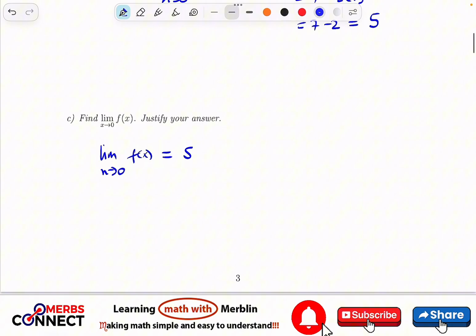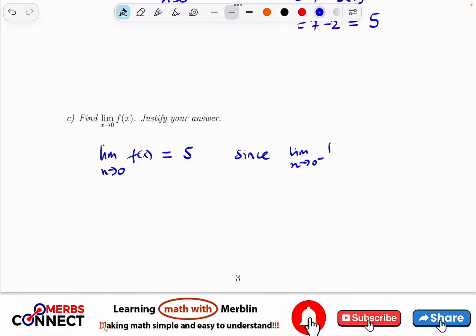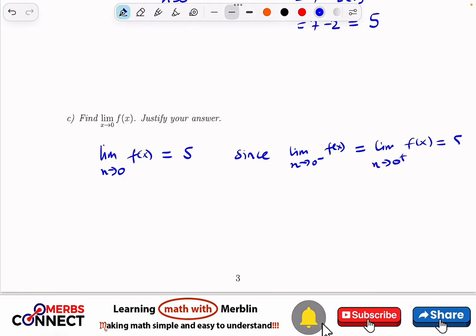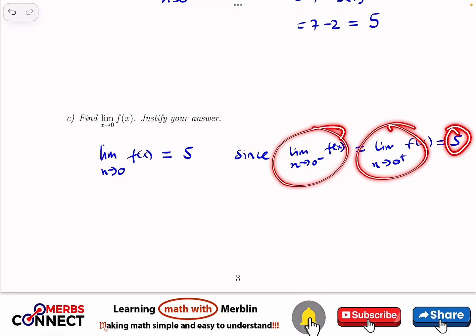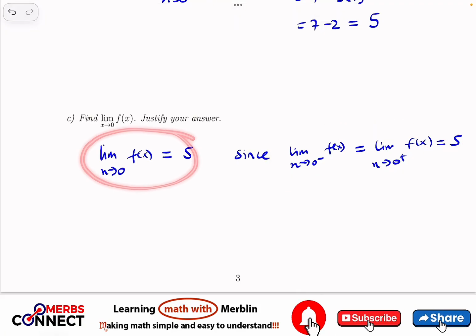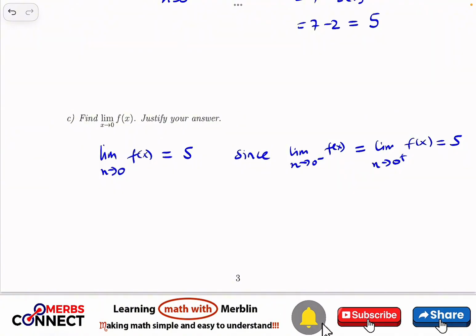To justify the result, we are going to say that since the limit as x approaches 0 from the negative of f of x is the same as the limit as x approaches 0 from the positive of f of x, which is equal to 5, this is also equal to 5. So this is what we are going to get for question 2.